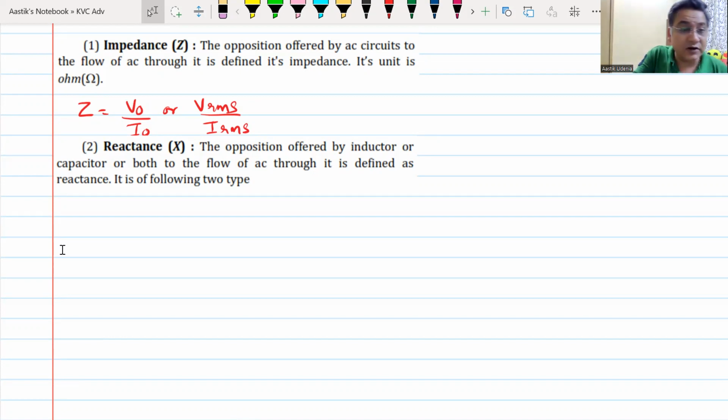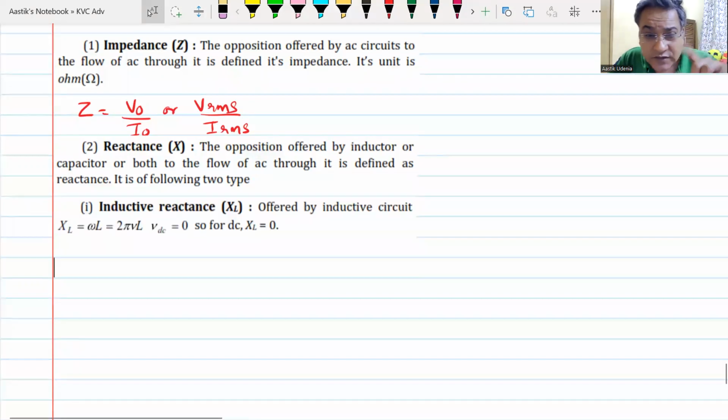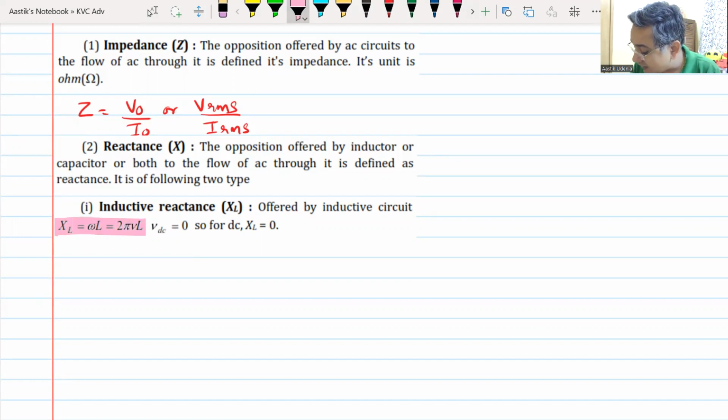The first reactance will be known as inductive reactance, which is the reactance offered by an inductor L, and it is given by omega L, which is equal to 2 pi f L. For DC voltage, omega or frequency is 0, and therefore inductor does not offer any resistance to flow of DC current.